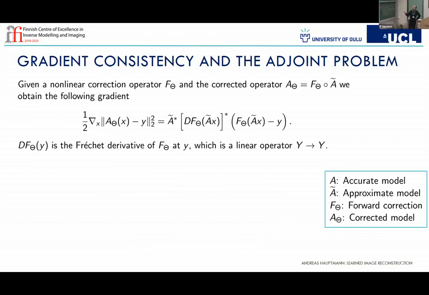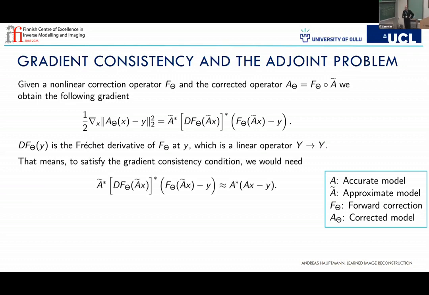If we apply the chain rule, we have our corrected residual, then the Fréchet derivative of the neural network evaluated at the forward projection, followed by the adjoint of the approximate model. That looks okay, but if we look very closely at this, it comes with one major limitation.